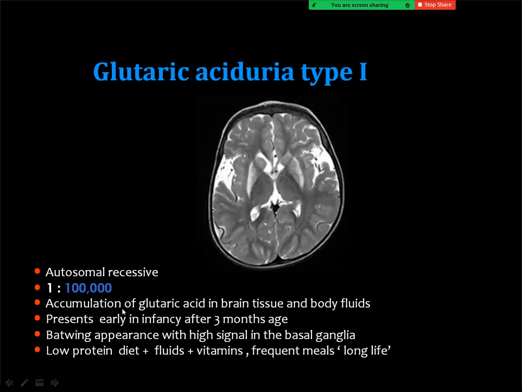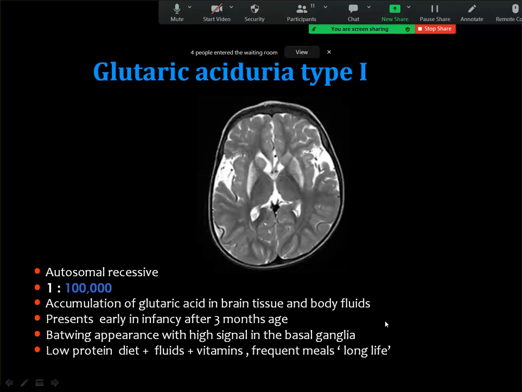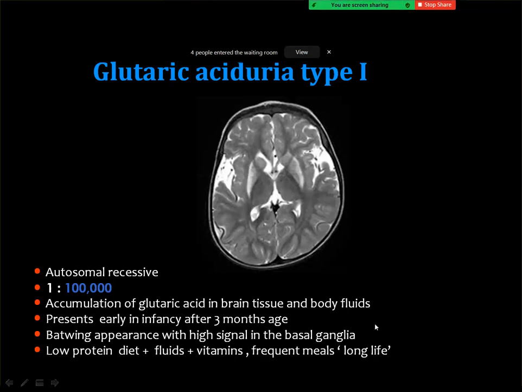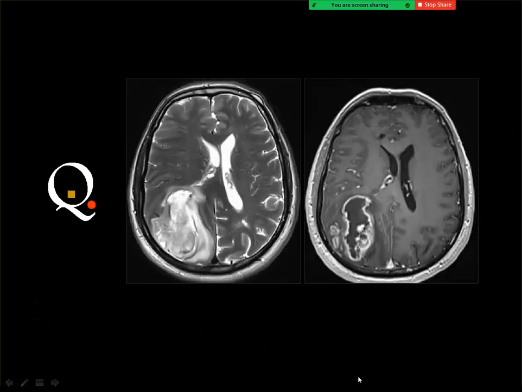There is accumulation of glutaric acid in the brain tissue and body fluids, presenting in infancy with bat wing appearance and high signal in the basal ganglia. The treatment is in the form of a low protein diet, fluids, vitamins, and frequent meals. This should be provided along the whole life.